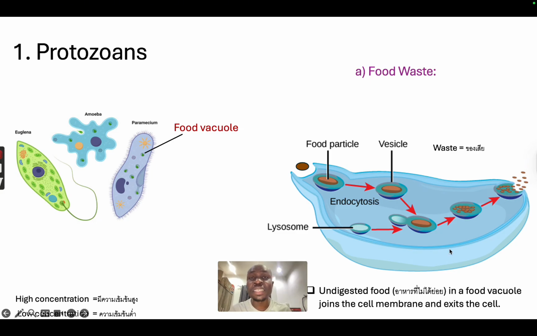And this is how they release the food waste. The food comes in, it is digested, and the undigested food joins their cell membrane. It stays in this vesicle and it is joined to the cell membrane and it moves out.